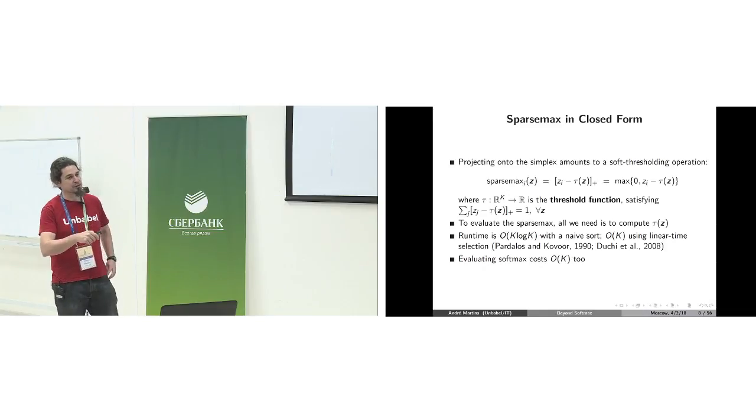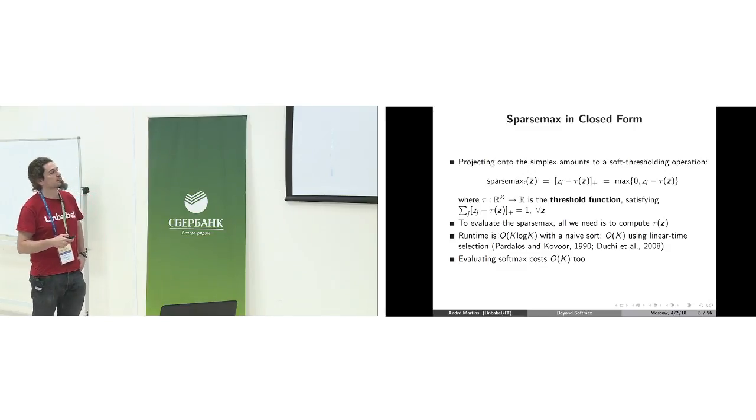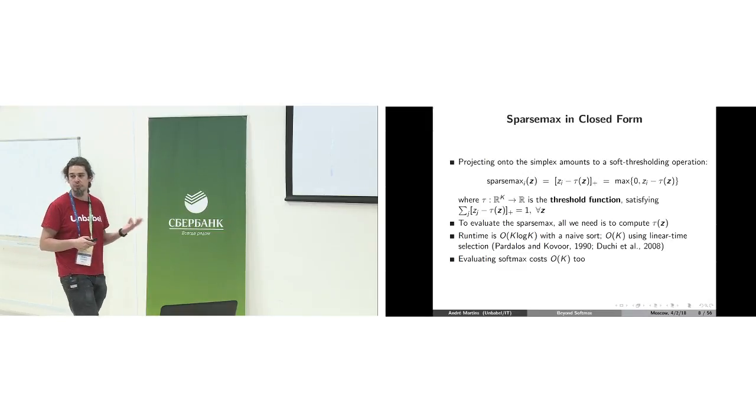We call tau the threshold function. You can see it as a function of z. For every vector z, there's going to be a different threshold, and it's uniquely defined. Basically, there's a unique constant such that if you sum all these coordinates, then in the end you're going to obtain 1, which is what we want, because this needs to be a probability distribution.